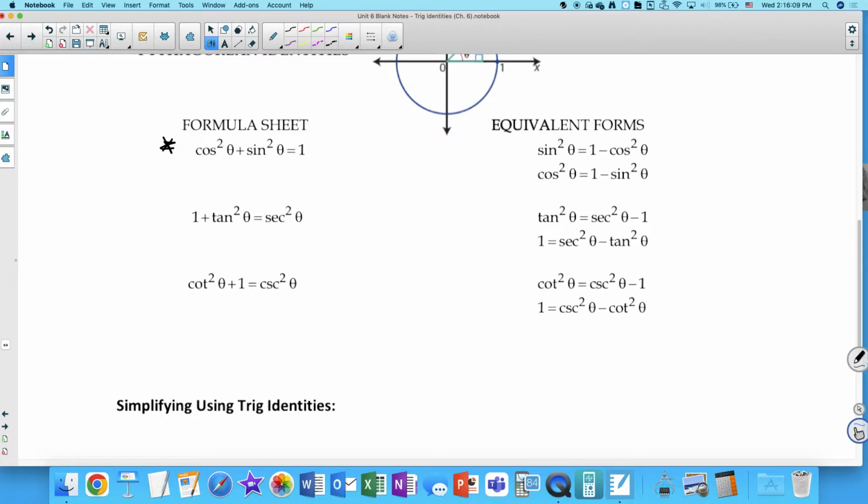That's no problem. This one over here is exactly the same identity, except that everything has been divided by cosine squared theta. So to get to here, what we do is take the original and divide both sides by cosine squared theta.